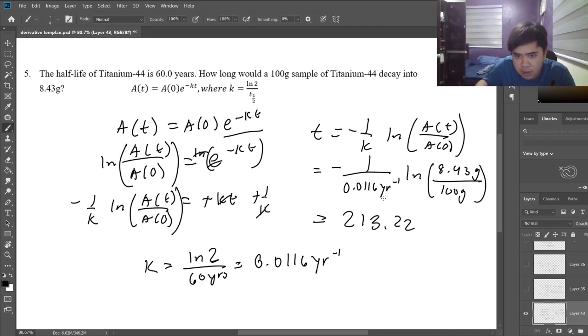What's the unit? Well, inverse year on the bottom is year on the top. So the unit is going to be year. Again, we just put that on top. So the time it takes for the sample to decay is going to be 213.22 years. And that is all for now. I'll see you later.